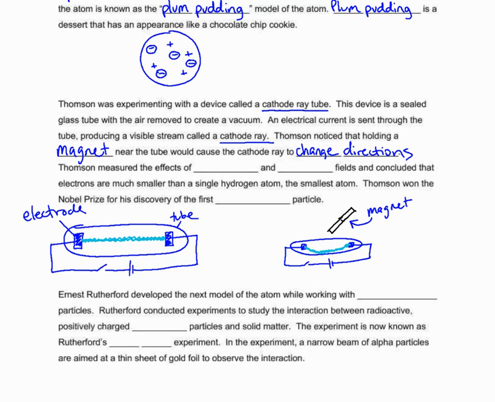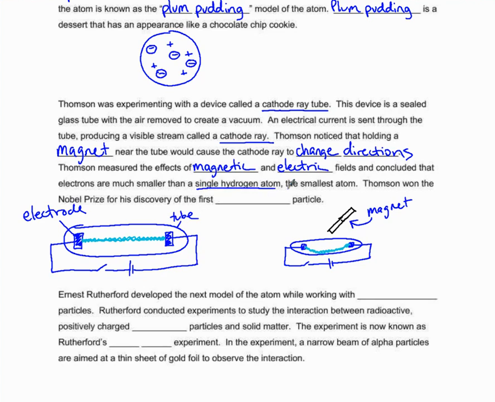So Thomson is measuring the effects of magnetic and electric fields. And he concludes, first off, that electrons are a thing, they exist. And through some other experiments, he figures out the size. He says that they are much smaller than a single hydrogen atom.